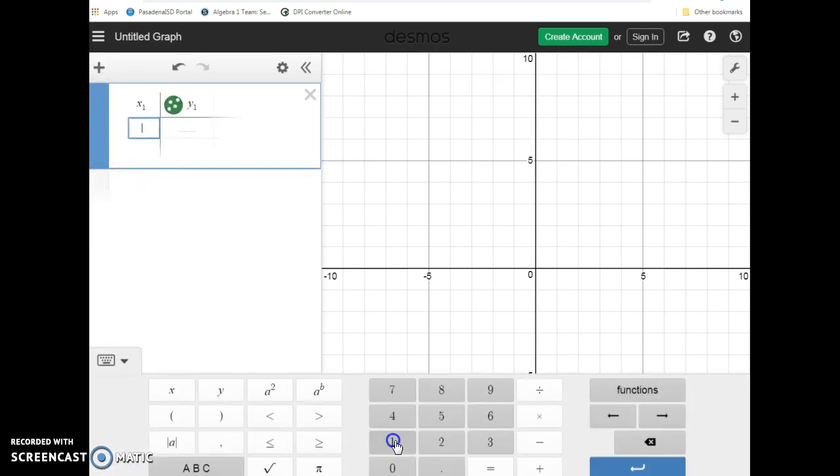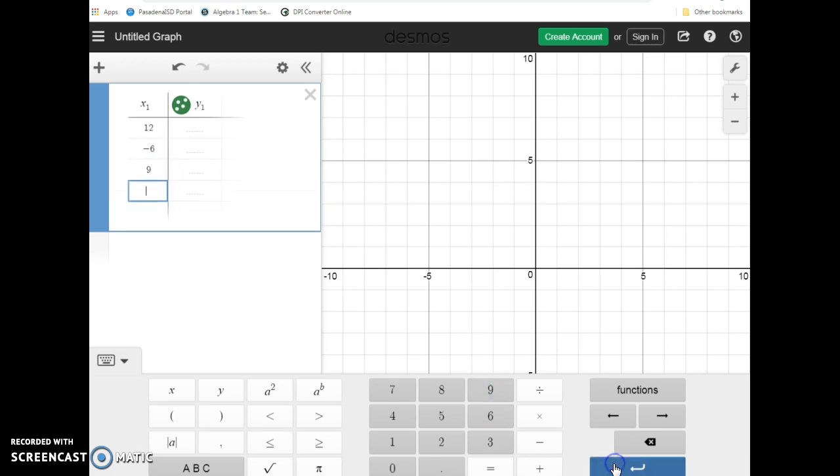So I have 12, enter. -6, enter. 9, enter. And -7, enter. And on the other side, we're going to type 105, enter. 33, 48, and 48.